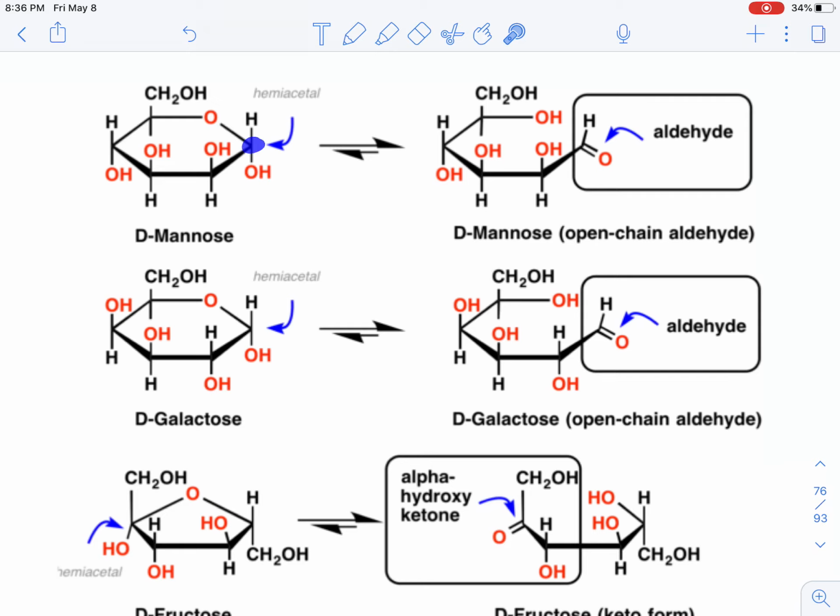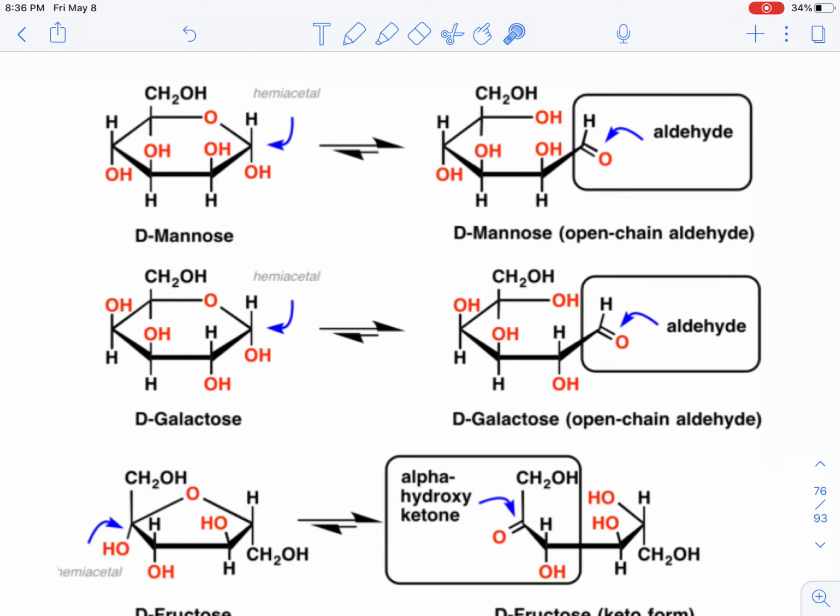So at some moment in time, even though the ring form is thermodynamically stable, your sugars can revert back to its linear form, to its open form, if you will. And when that sugar opens up, it reforms this aldehyde. And so the presence of the aldehyde allows it to interact with copper 2 plus for the Benedict solution, reducing the copper 2 plus, and it itself becomes oxidized.